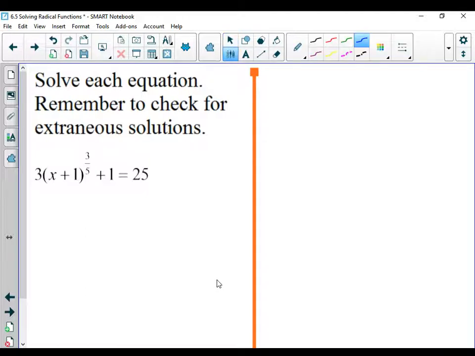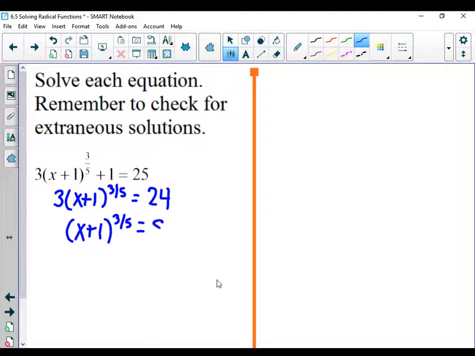So to isolate the rational exponent, I'm going to subtract my 1. Divide by 3. And since I'm raising it to the 3/5, I'm going to raise both sides to the 5/3.